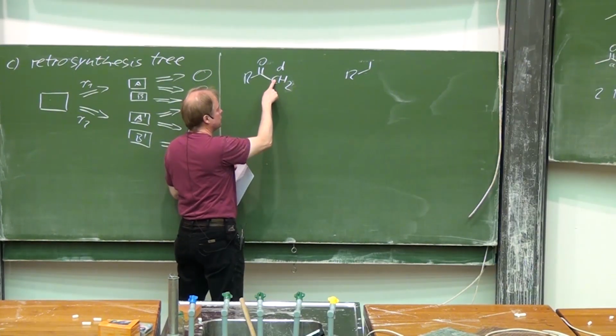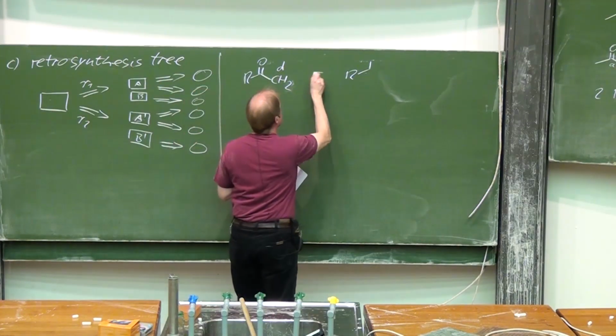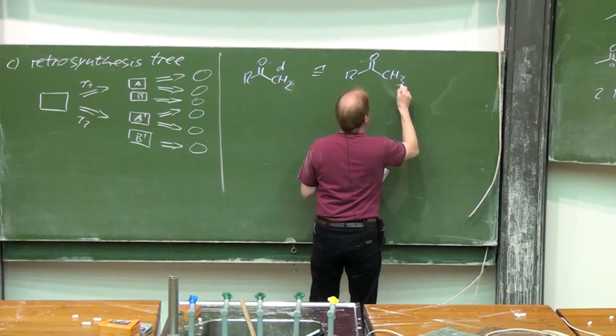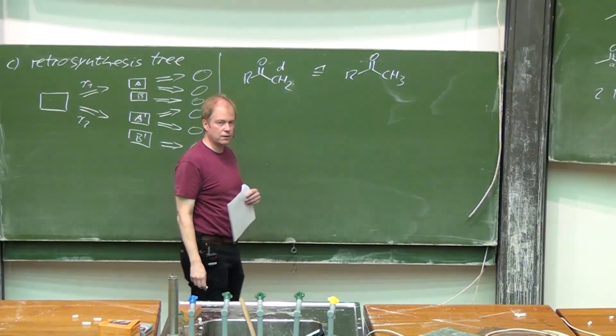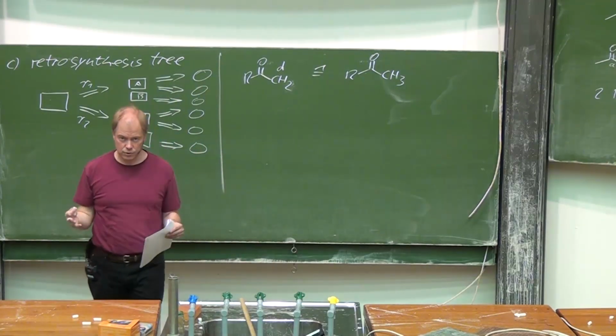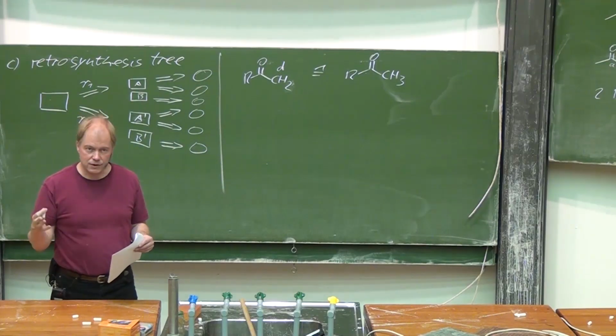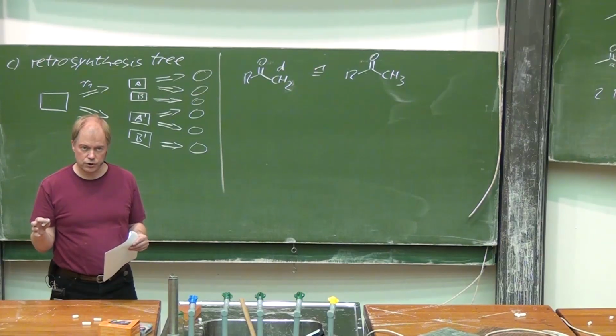That is the synthon. It's a partial structure, and we need donator reactivity here. We can translate that to this synthetic equivalent, just an acetyl group under basic or even acidic reaction conditions.